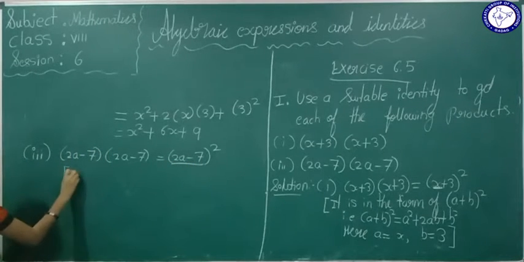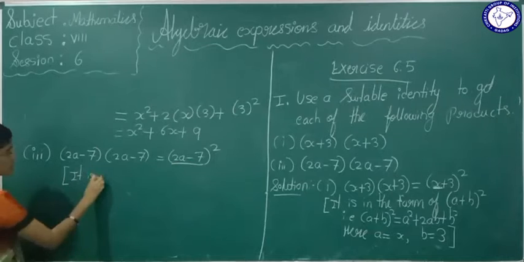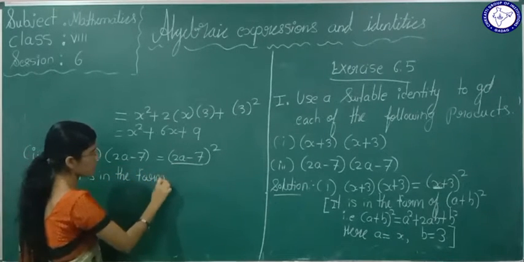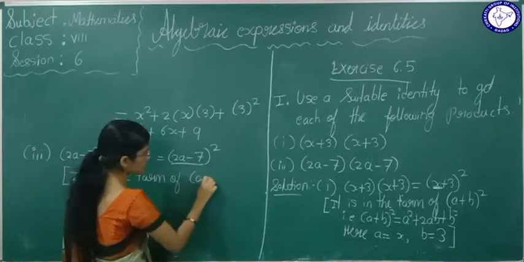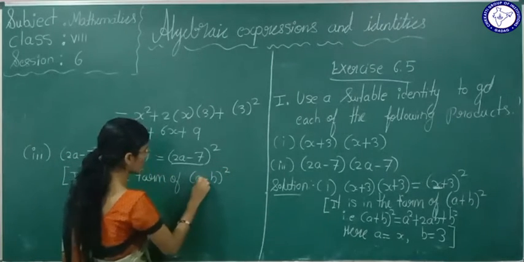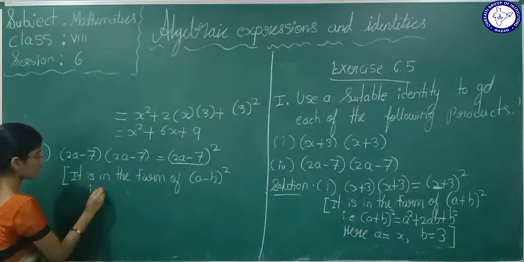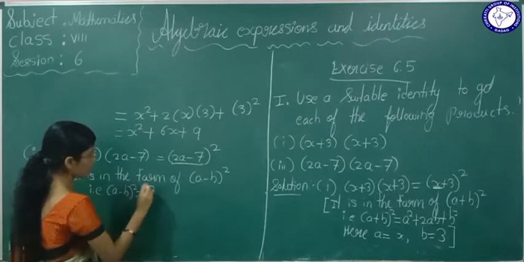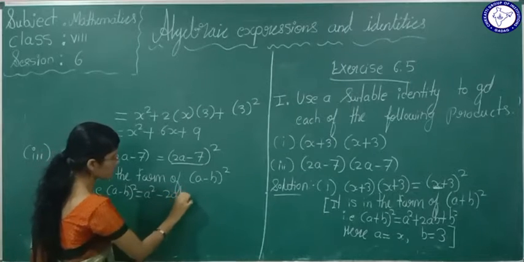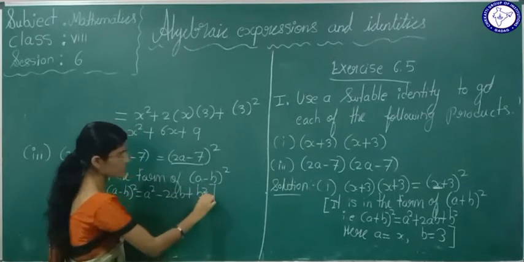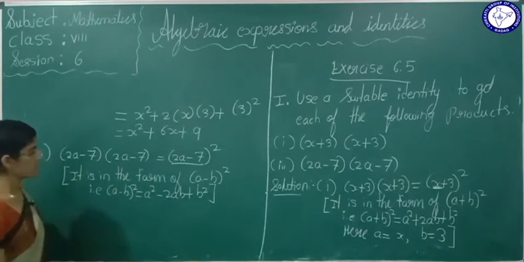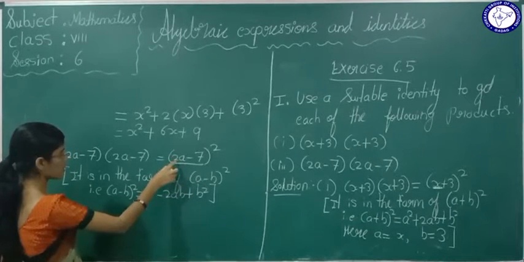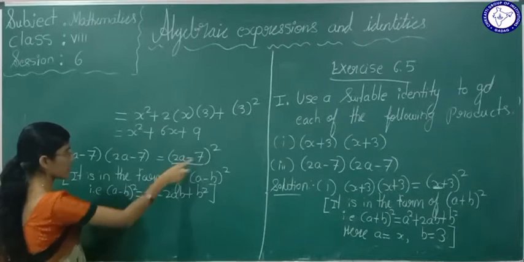It is in the form of (a minus b) the whole square. Yes or no? That is, (a minus b) the whole square is equal to a square minus 2ab plus b square. See, in place of a we have 2a. In place of b we have 7.